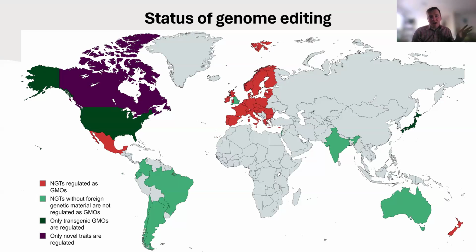And Canada stands out because they basically regulate novel traits, novel foods, or novel crops, regardless of techniques used. So as I mentioned before about product-based regulation, Canada is probably the purest case of product-based regulation.